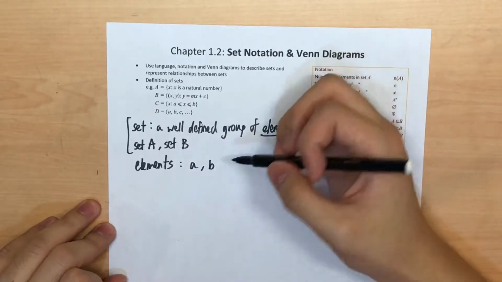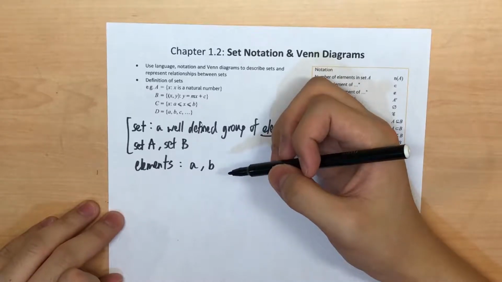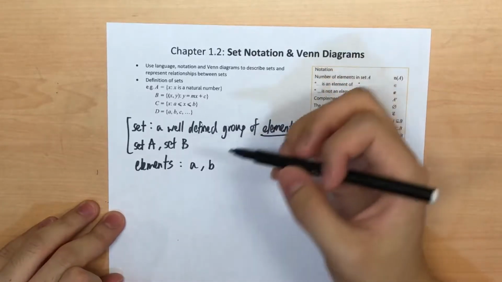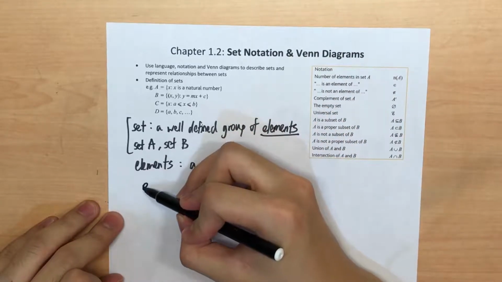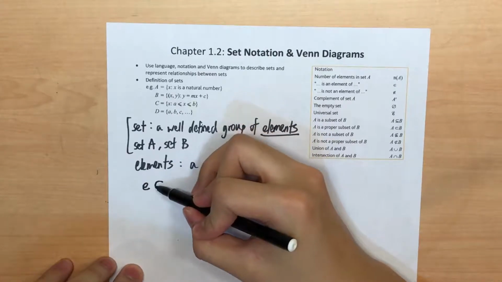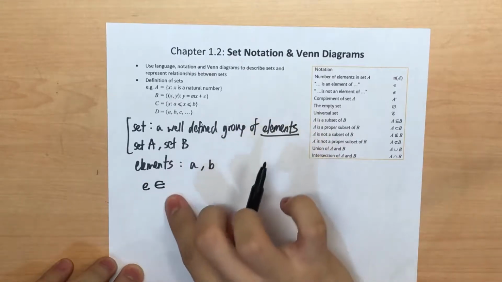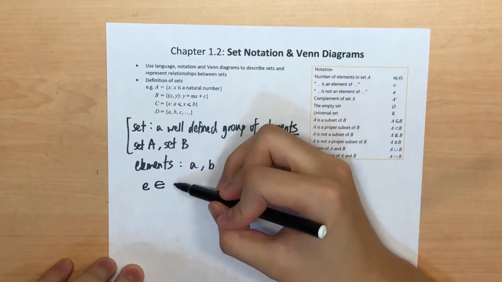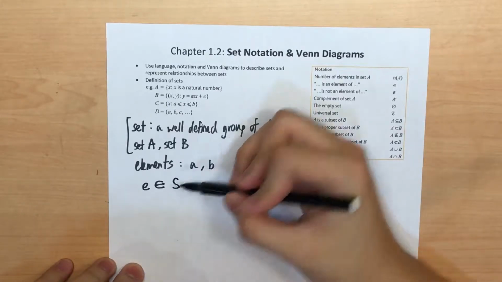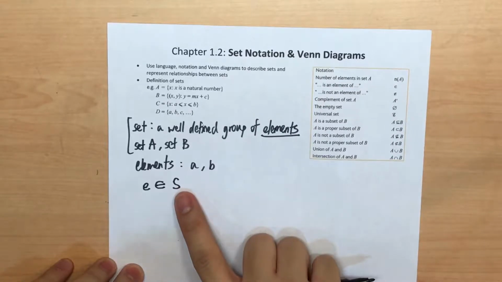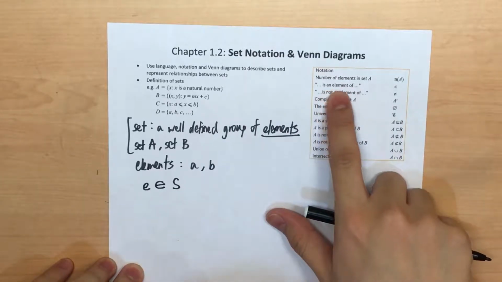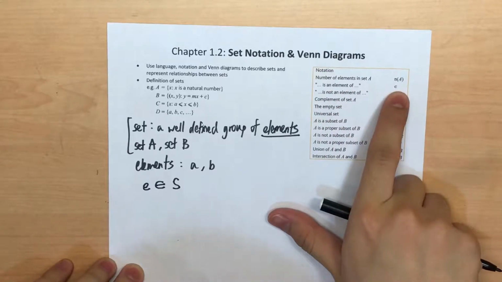So if I say an element e belongs to a set S, we write the element e, small letter, is an element of the set S. We write it with this symbol, which means "is an element of".